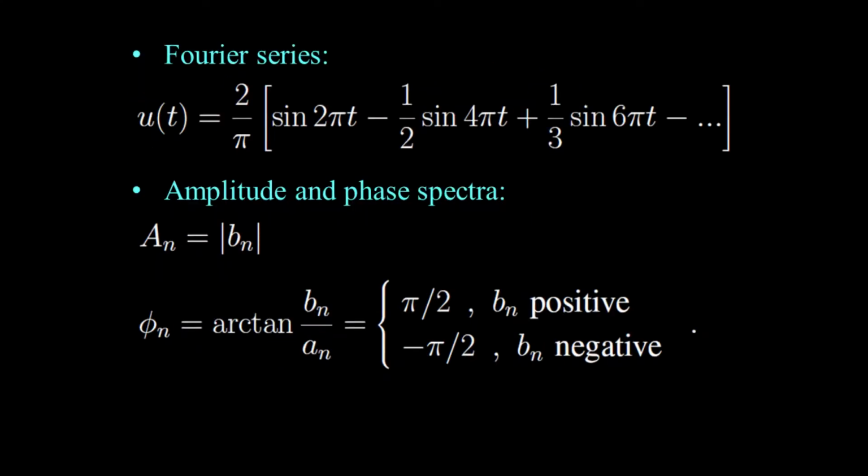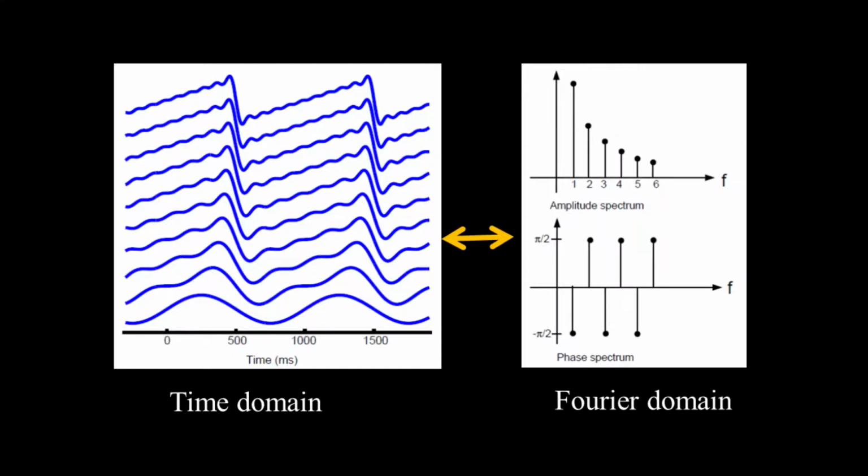As the a0 and an coefficients are equal to 0, the Fourier series representation of the repeating sawtooth is given by a sine series. Here, on the right, are the amplitude and phase spectra for the sawtooth wave as a function of frequency.